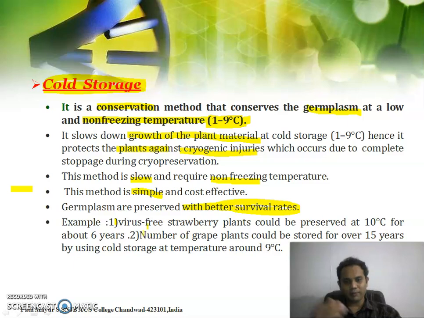Then a number of grape plants could be stored for over 15 years by using cold storage at around 9 degrees. So grape plants can be preserved for 15 years if we simply keep them at 9 degrees Celsius. So it is a very simple, cost effective method, and preservation for a longer period can be achieved.